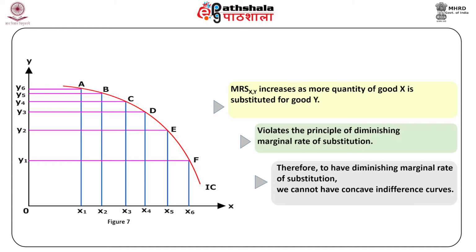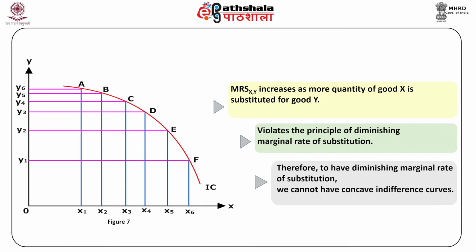It is clear from figure 7 that for each extra unit of good X, the consumer is ready to sacrifice more and more quantity of Y. That is, the marginal rate of substitution increases as more quantity of good X is substituted for good Y. Thus, an indifference curve that is concave to the origin violates the principle of diminishing marginal rate of substitution.